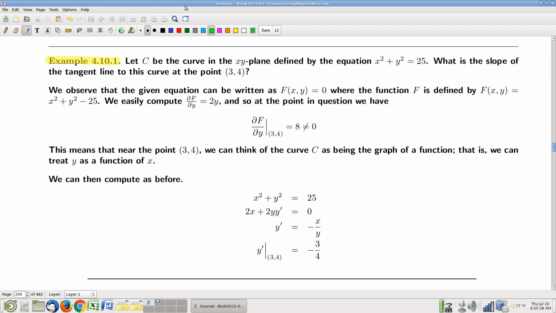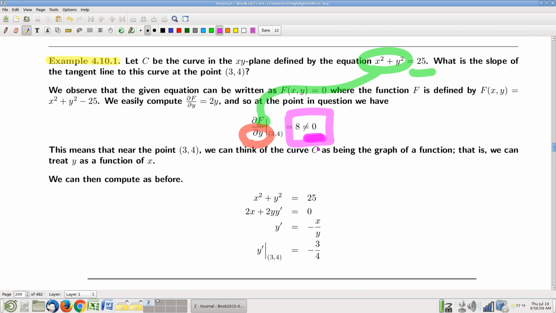But I want to see as follows: given a curve with an equation, you want to find the slope of the tangent line at a certain point. The first thing I want to see is that you take the function whose level set you're looking at, take the derivative with respect to y, and confirm that it's not 0.